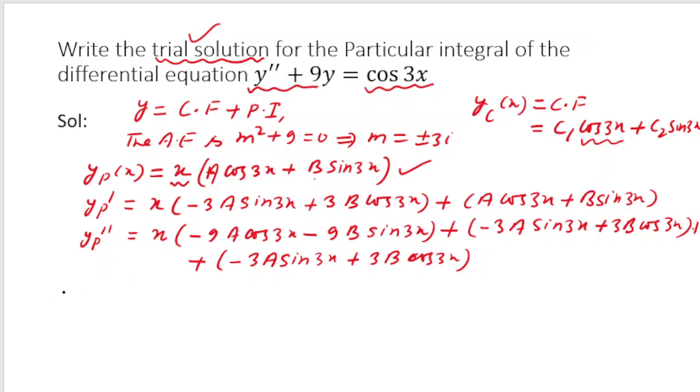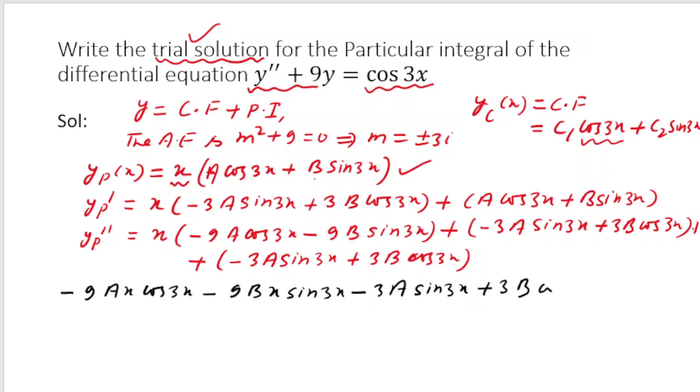So y double dash actually is minus 9ax cos 3x minus 9bx sin 3x, minus 3a sin 3x and plus 3b cos 3x, and then minus 3a sin 3x and plus 3b cos 3x.